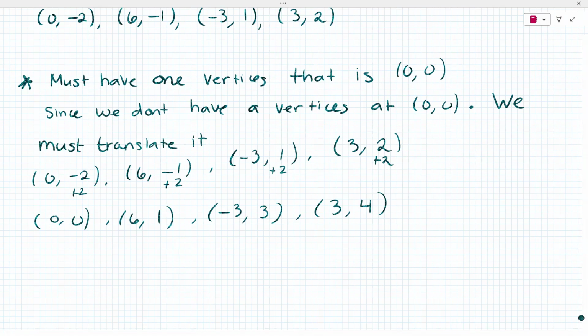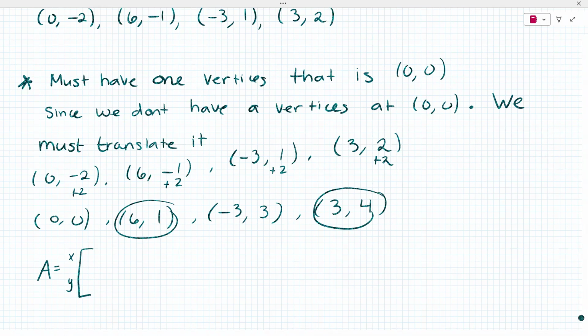If you don't, you have to manipulate it. So the next step is to find matrix A, and you can use any points you like. I'm going to use 6, 1 and 3, 4.